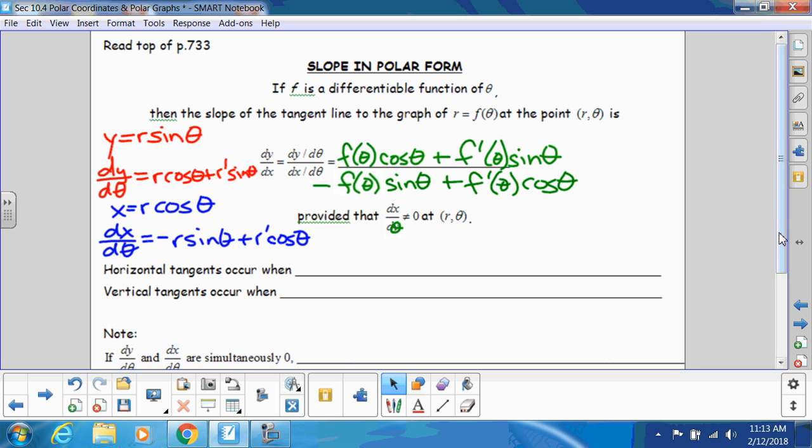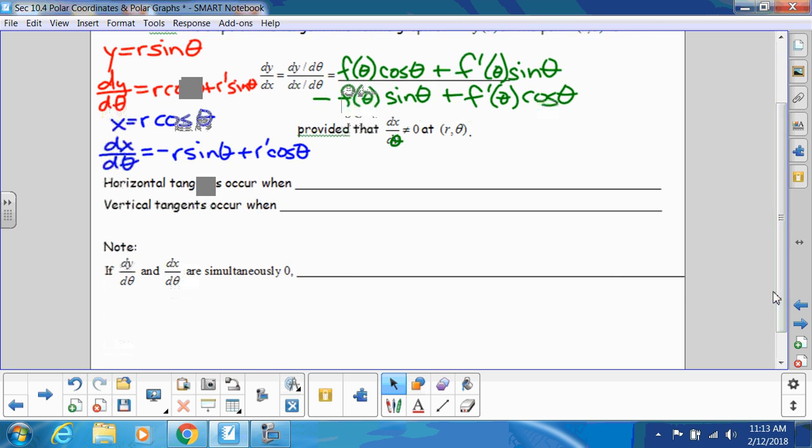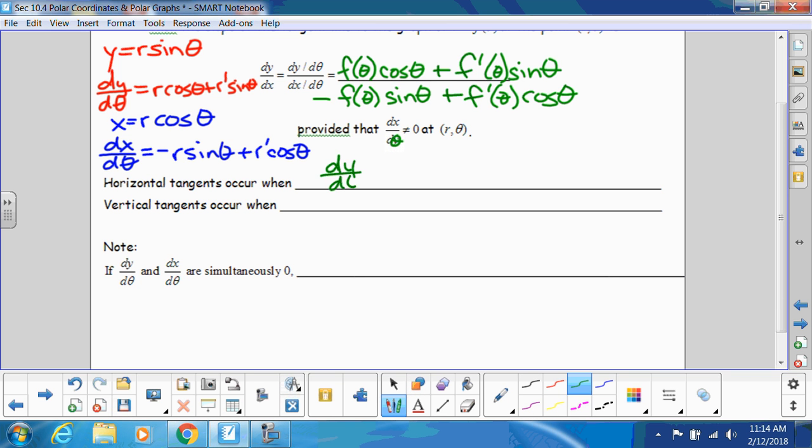So let's look at tangents then, okay? Some specific tangents we care about, horizontal and vertical tangents. So horizontal tangents occur when your derivative equals 0. So that would mean when our dy/d theta equals 0. And then vertical tangents occur when our derivative is undefined.